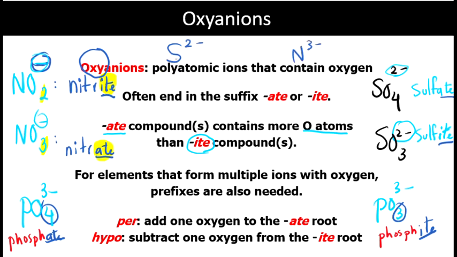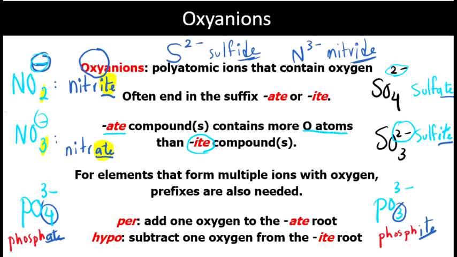If you have only a single atom, only one, the anion ends in IDE: sulfide, nitride. If you have oxygen, ITE or ATE. Please understand that.